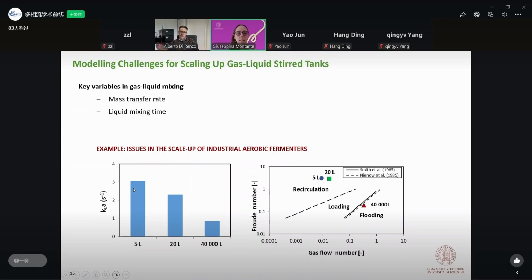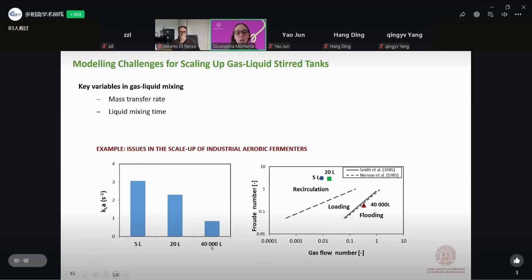Here I show you an example of wrong scaling up, in the lab at 5 liter and 20 liter. The KLA is taken from an industrial aerobic fermenter and a preliminary investigation in the lab. The company considered it possible to have a good productivity in this reactor based on experiments at 5 or 20 liters, so in the lab on the pilot reactor.